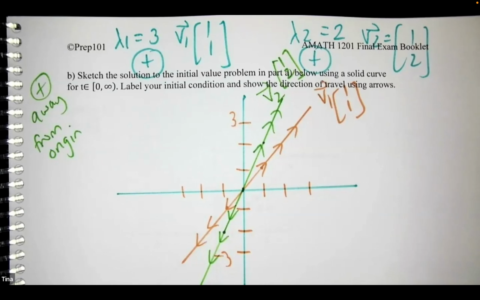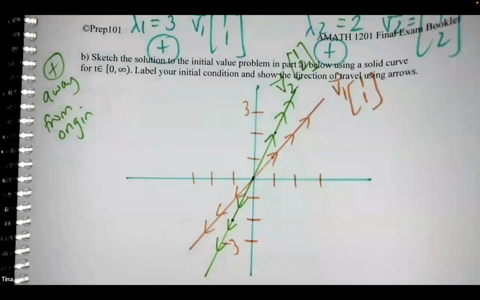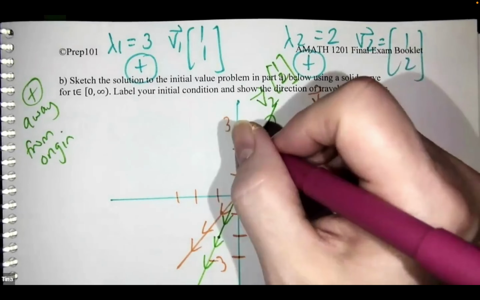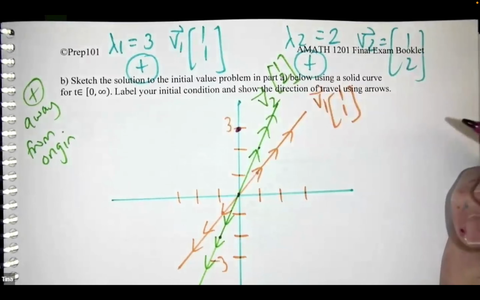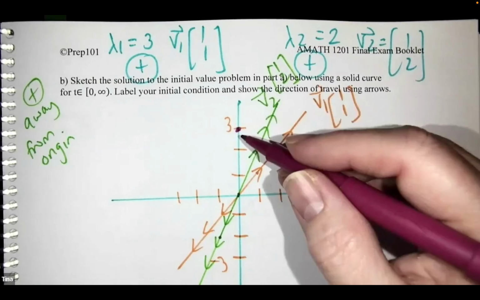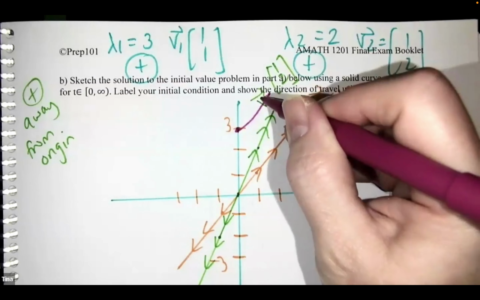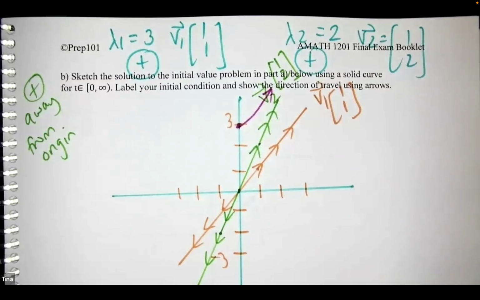It says the initial condition from part A, which was what, guys? (0, 3). So (0, 3) is kind of here. And you're not going to actually cross this eigenvector, so it's just going to kind of go like this. Okay, so that was the solution they were looking for.